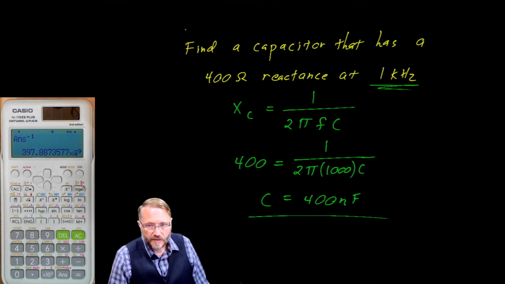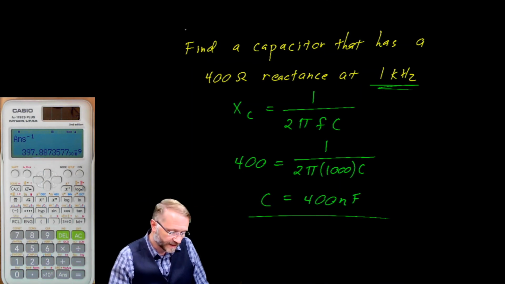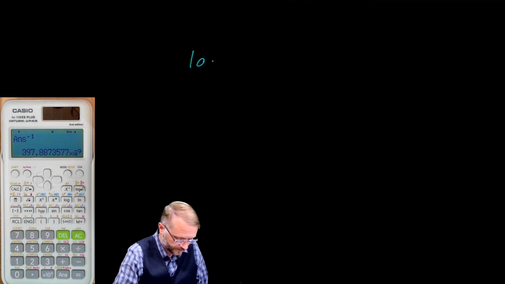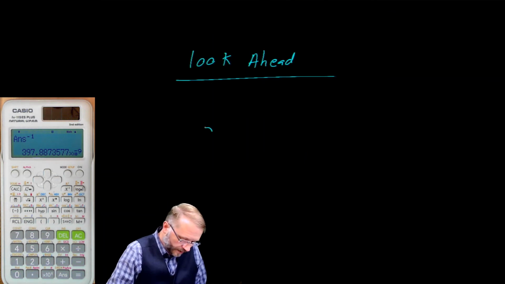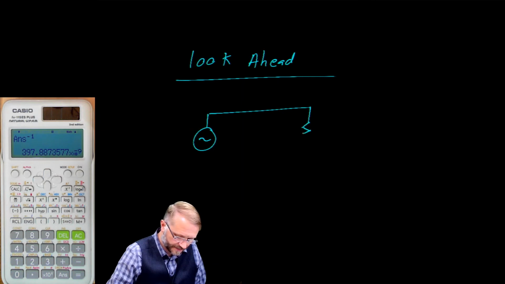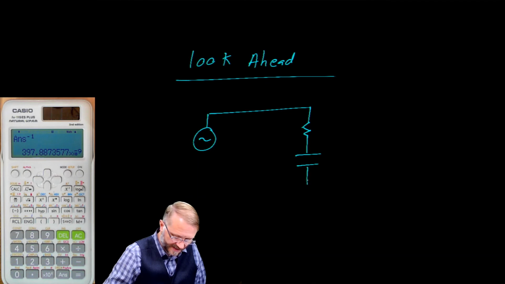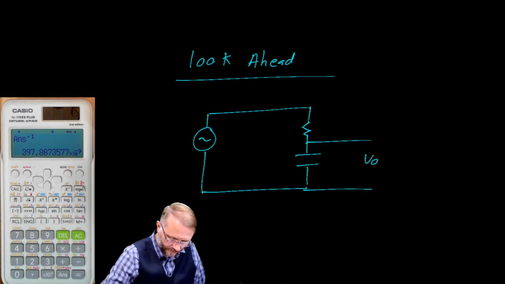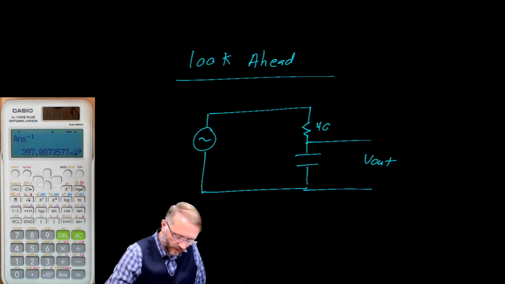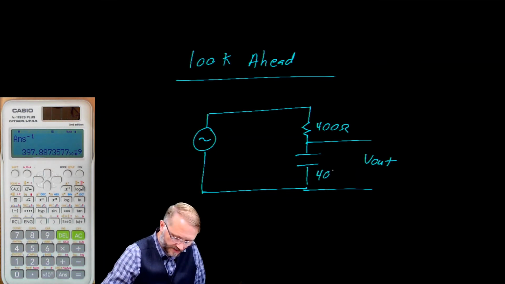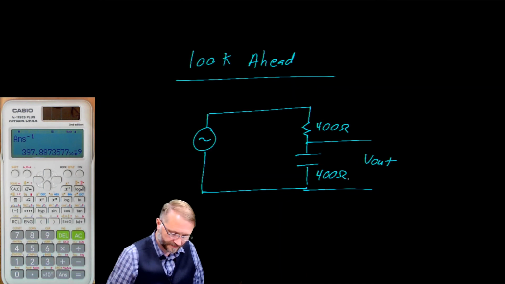That's all I wanted to cover for today, but I want to take a look ahead so you can see where all this is going. You will be tempted to do something like this. Suppose you have a resistor and a capacitor in a circuit, and you know that this is a 400 ohm resistor and that the capacitor has a 400 ohm reactance.